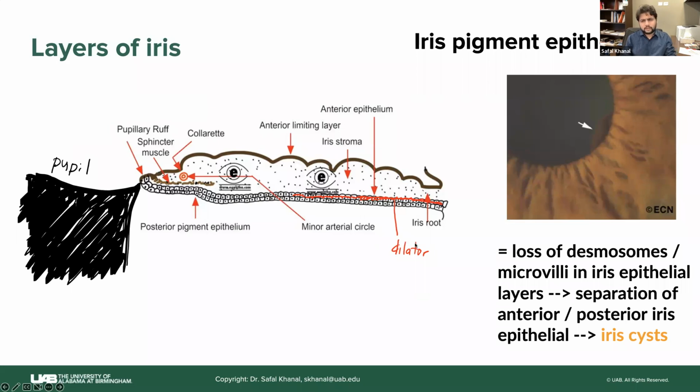Now, sometimes the connections in the epithelial layers can break down, mostly due to the loss of desmosomes or microvilli, and this can give rise to cysts, which are collections of fluid in the iris, and these are called iris pigment epithelial cysts.